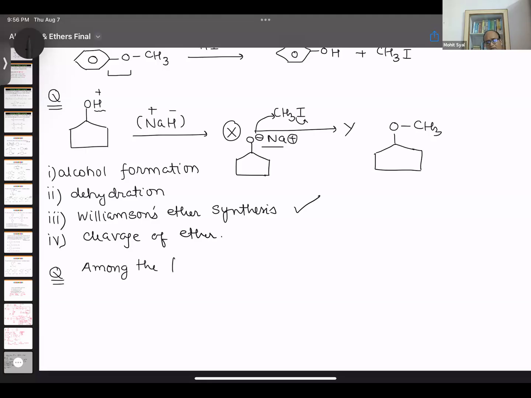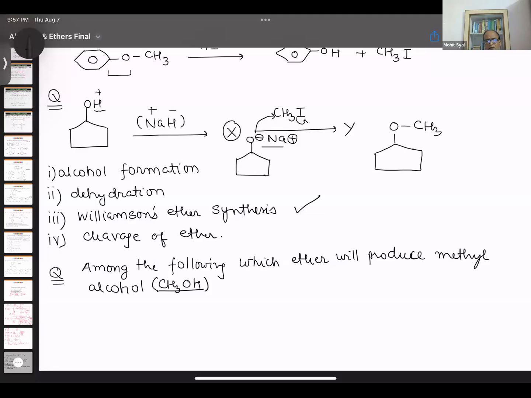So among the following, which ether will produce methyl alcohol upon treatment with hot concentrated HI?